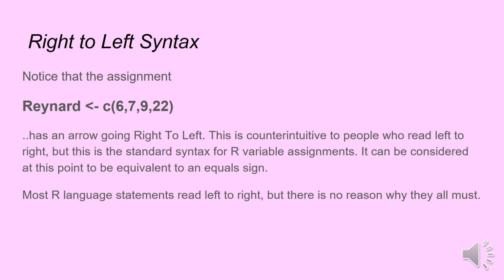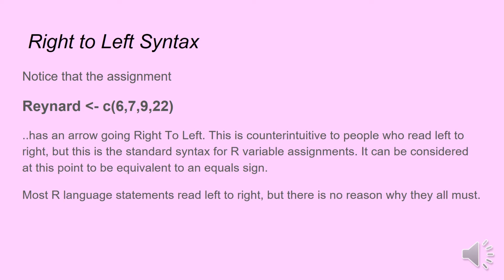Also notice, this is an important thing to notice, the little arrow. You would expect maybe that the arrow would go the other way because in English, in Romance languages and in European languages, we read left to right. In this case, the arrow goes the other way. That's called right to left.